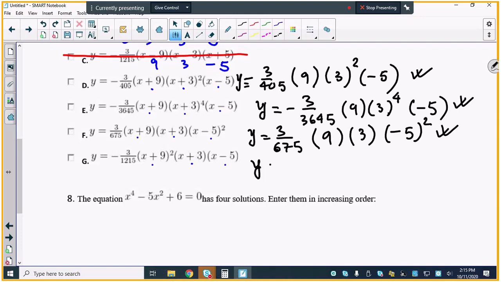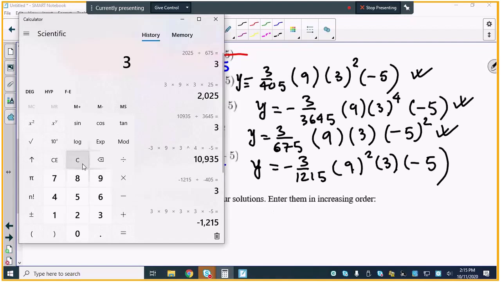The last one in my list is minus 3 over 1215 times 9 squared times 3 times negative 5. As I said earlier, you can use the minus in front of the expression on the top or the bottom, it does not matter. Let's use it with the top.